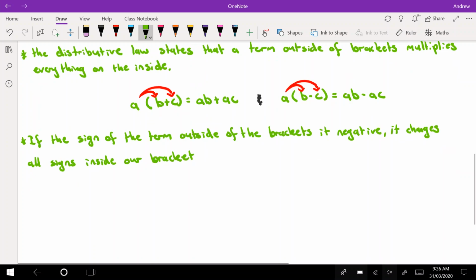Okay? So if the number out front of my brackets is negative, then it changes the signs of everything inside of the bracket as well.